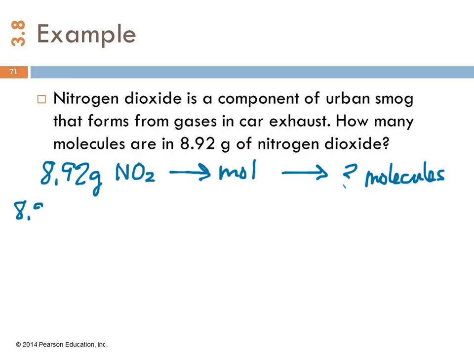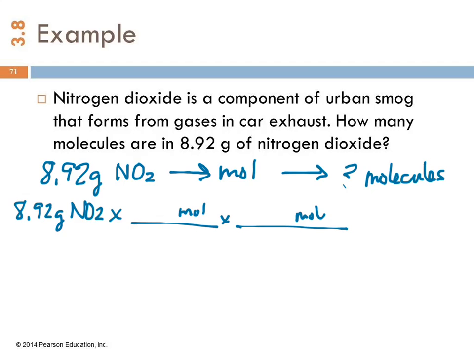So 8.92 grams NO2 times, we want moles on top, times molecules on top. We'll end up with number of molecules. And then we want to put grams on the bottom, so those will cancel out. And we're going to put moles on the bottom over here, so those cancel out.